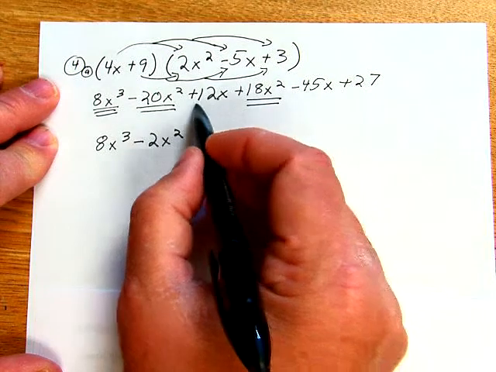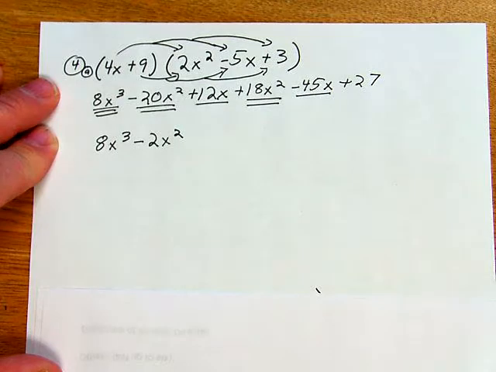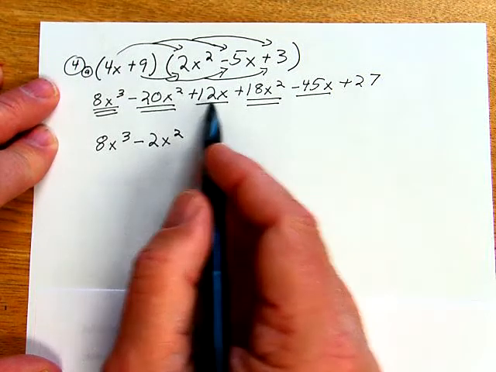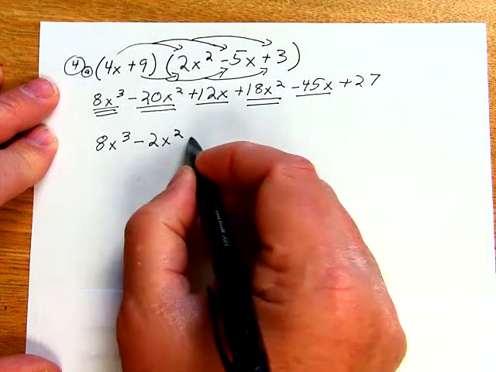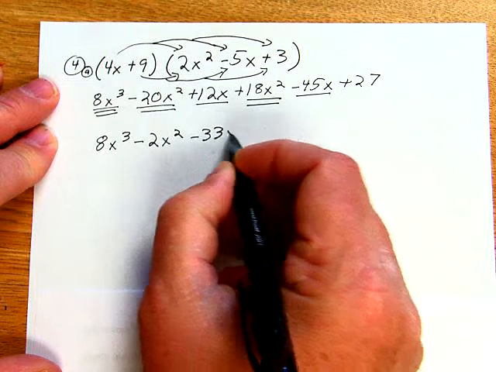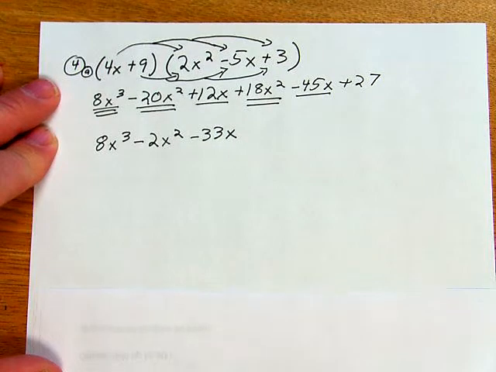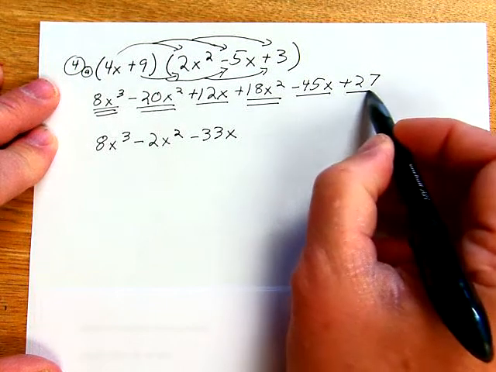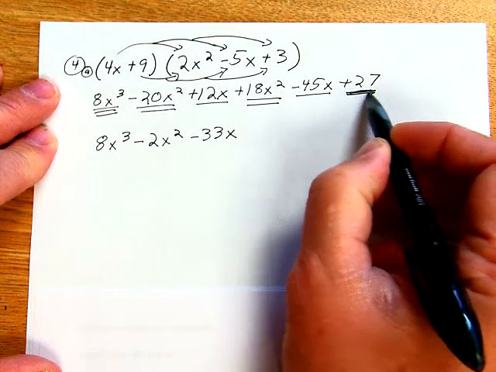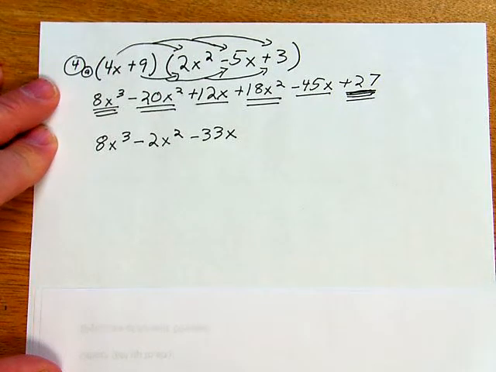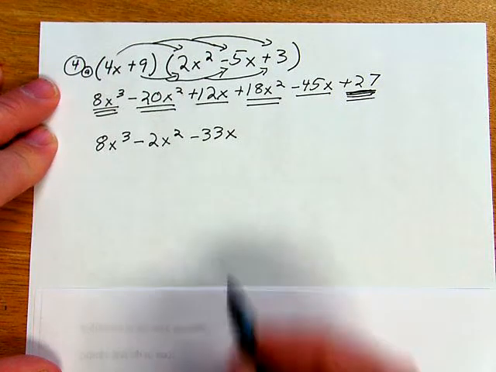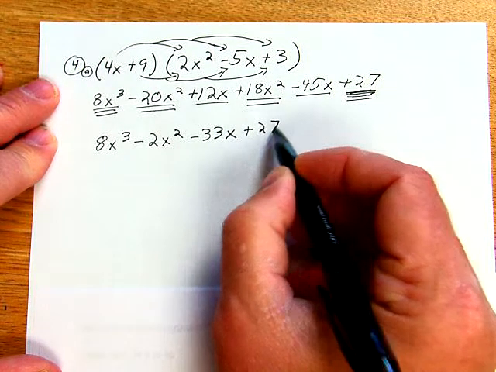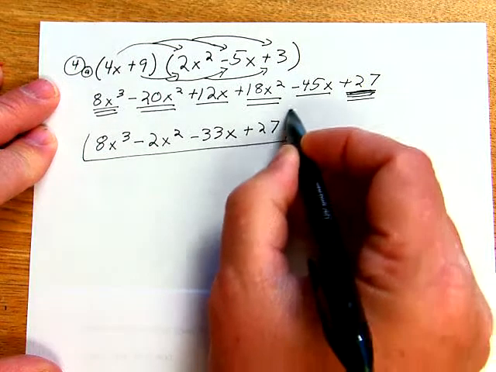Now, what are all my single terms with just the x on them? I got a positive 12 and negative 45, so that's minus 33x. And finally, I have a single term right here, and I'll give it 4 lines to say that it's by itself, and that's plus 27. And there is my answer.